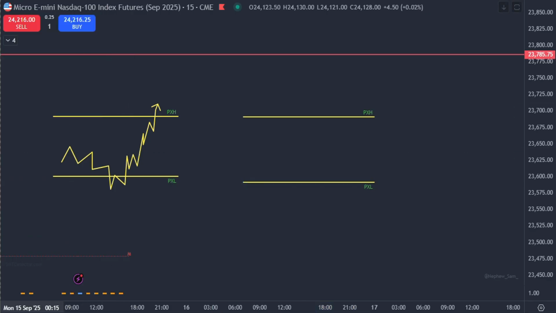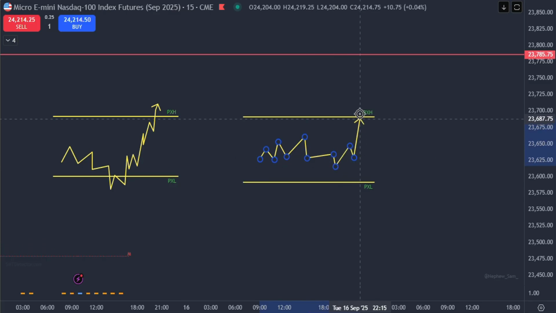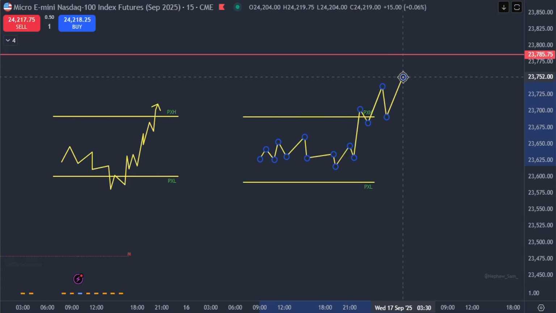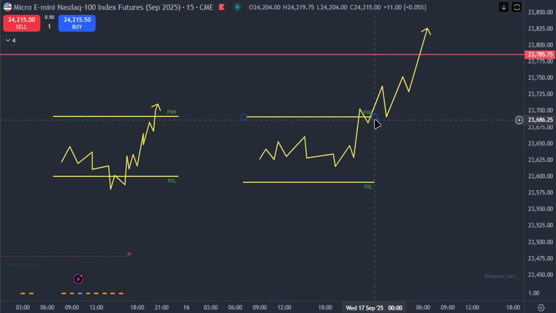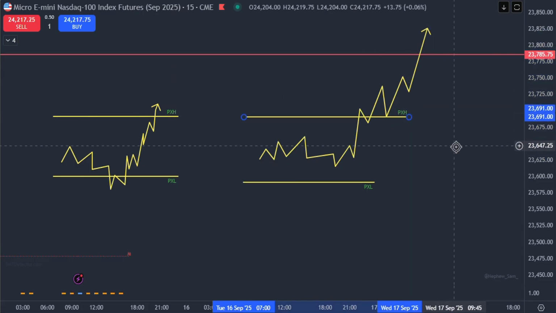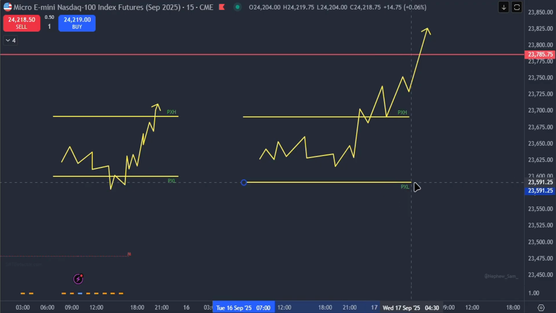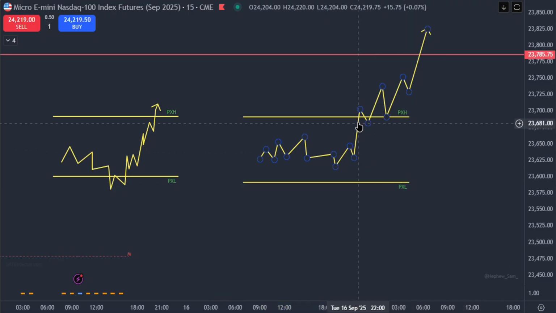So your continuation is going to look like this. So you're here in the middle of the range, and then you come up here, you tag the previous cycle high, you use it as resistance, or I guess support.